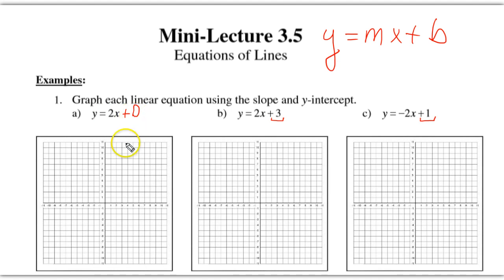Our y-intercept here is 0, this is going through the origin. So mentally, or when we're using MATLAB, we get our line tool, put a dot there, and then we look at our slope.